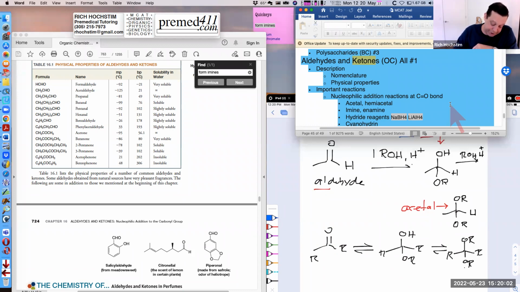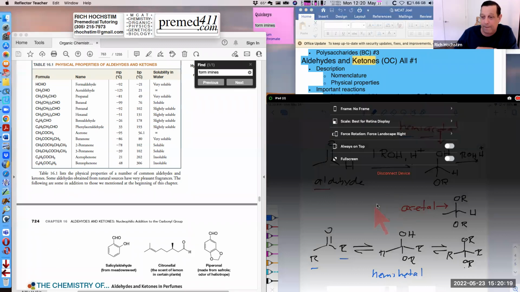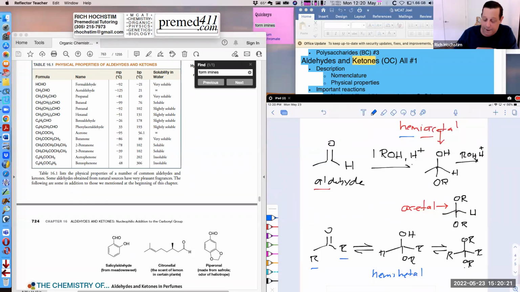Originally, this was called a hemiketal because it was derived from a ketone. And this over here was going to be a ketal. Good. So this would be our ketal.